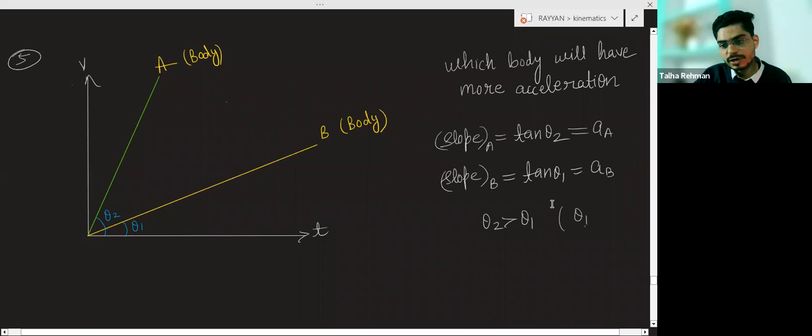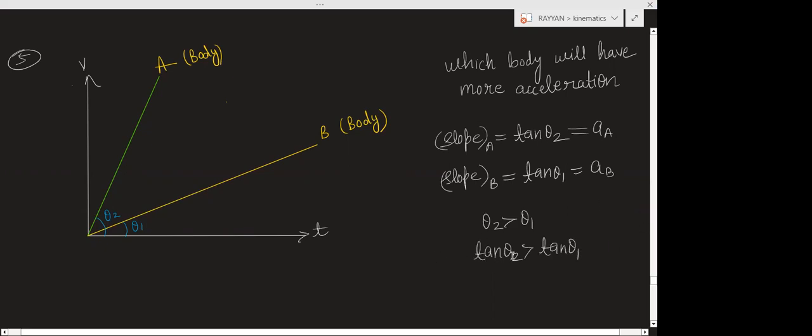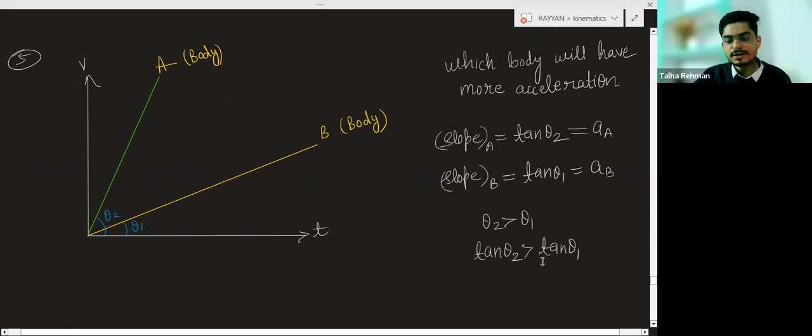So when you take tan on both sides, tan theta 2 is greater than tan theta 1.